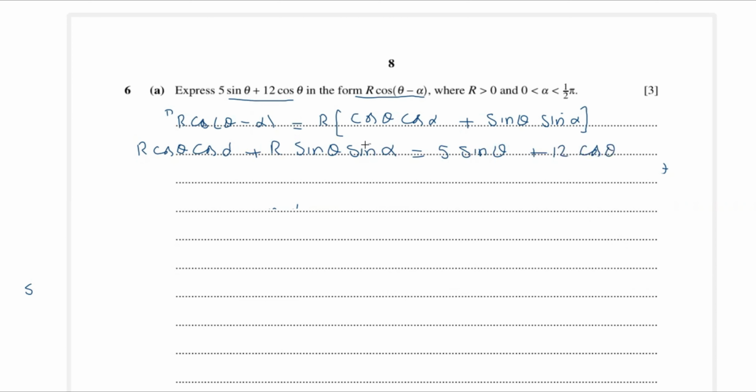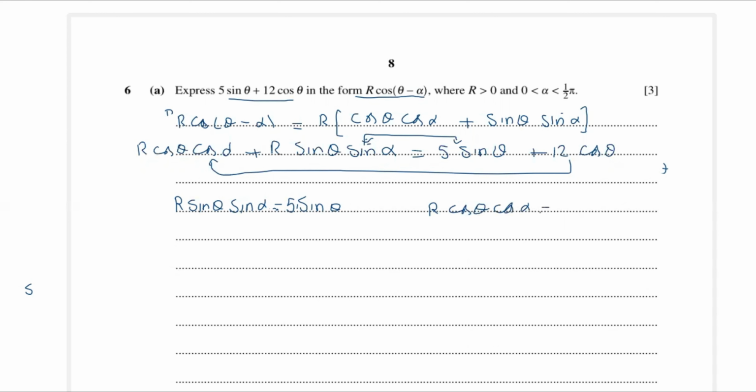Now we compare sine theta and then compare cos theta. r sine theta sine alpha will be equal to 5 sine theta, and r cos theta cos alpha equals 12 cos theta. We name these equation 1 and equation 2.